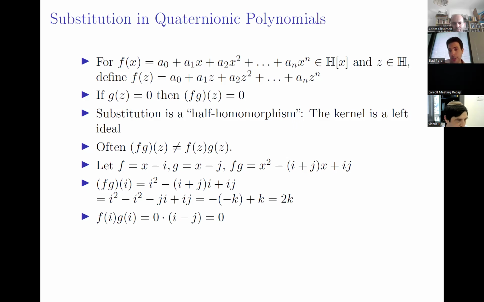On the other hand, of course, if you compute f(i) times g(i), you get zero. So this is just to show that substitution is not a homomorphism. You do have a very nice substitution formula, which states that if g does not vanish at z, then the value of the product at z is f of z conjugated by g of z times g of z.